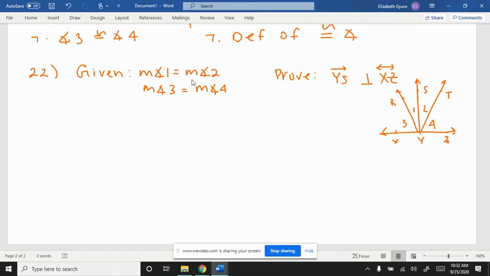So this is actually a perfect problem that I would kind of start to look at backwards. If I need to prove that these are perpendicular, I need to make a 90-degree or a right angle. But I do not know that any of these are complementary. It does not tell me. However, what kind of angle do I have in my picture?